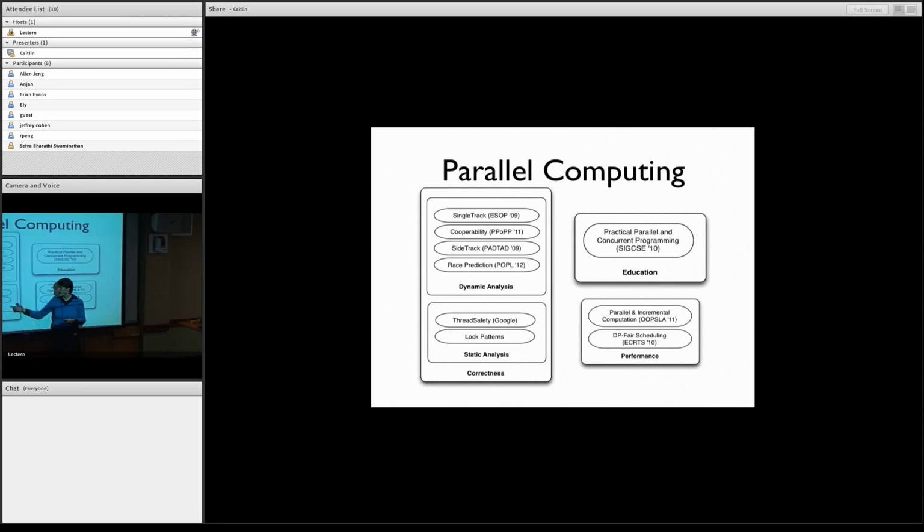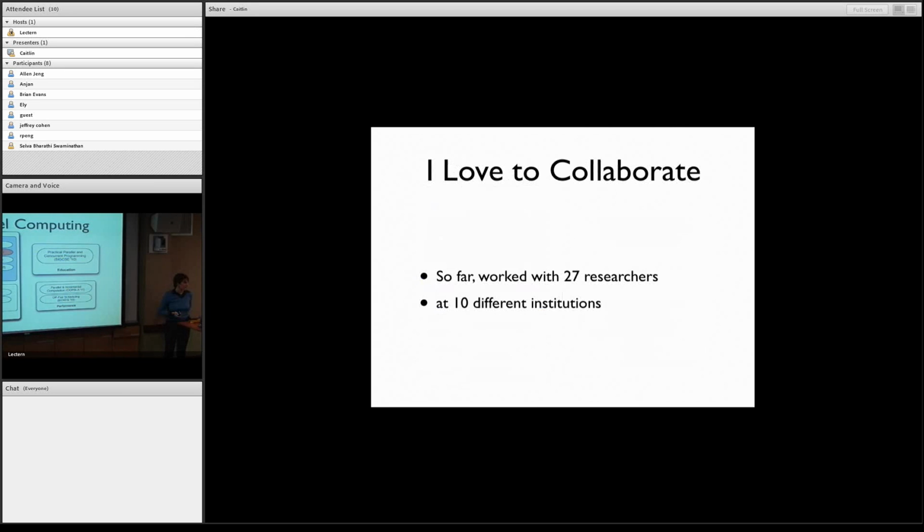So static analysis and dynamic analysis, so analyzing the source code or a running program. And today I'm going to talk about dynamic analysis, which you can see I have several papers in. And specifically, I'm going to talk about this one particular area that I'm interested in, cooperability. I'm not going to have time to talk too much about deterministic parallelism, but if you're interested in that, we can chat more later.